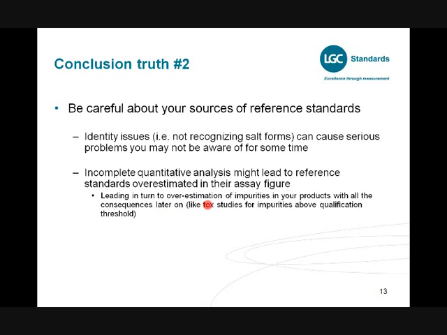And in the first presentation about the 7 truths, in truth number 1, we talked about toxicological studies for impurities that are above the qualification threshold, and that can easily take you 3 or 4 months longer to bring the substance to market than expected.